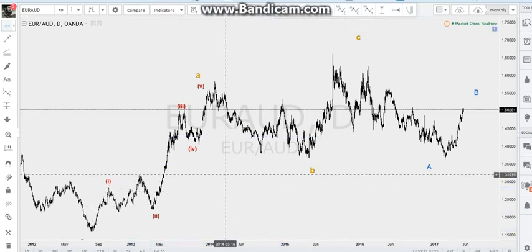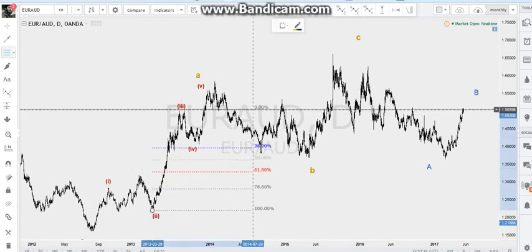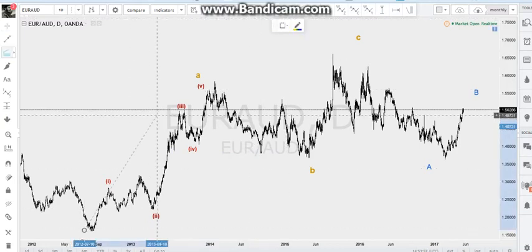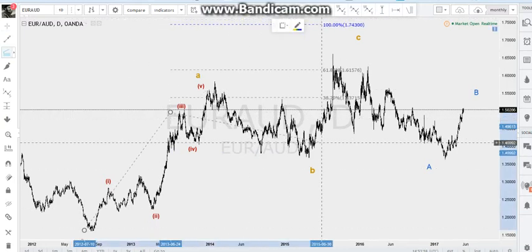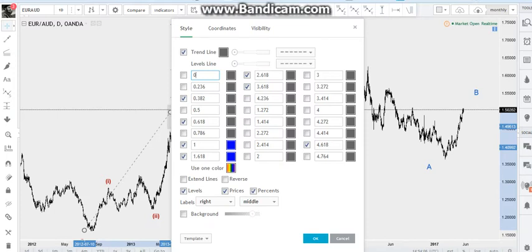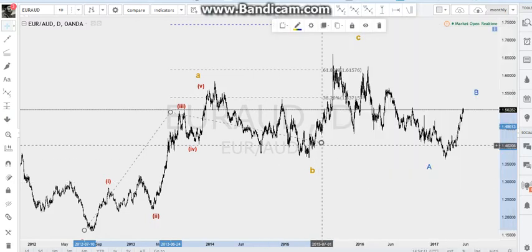Okay, but it's a guide. I want to check end of wave 4. It's not exactly the 38%, but it's near, and I accept it. And end of wave 5. This is between, I think it's 50% projection, and you can test it like this. And this is a guide. This is not a rule.